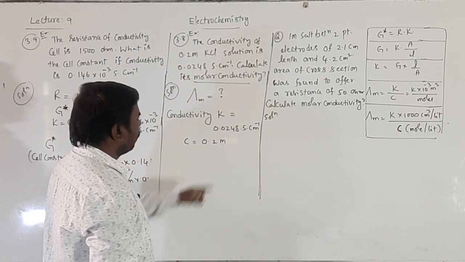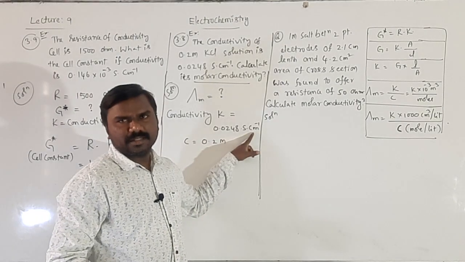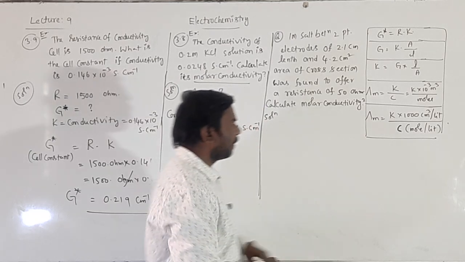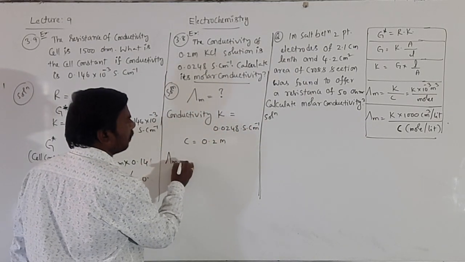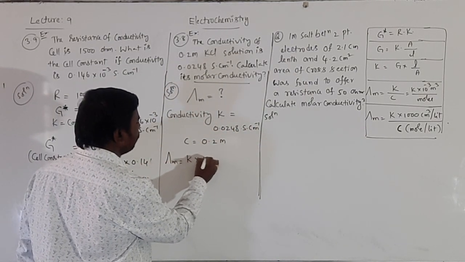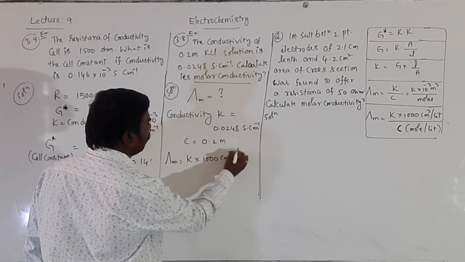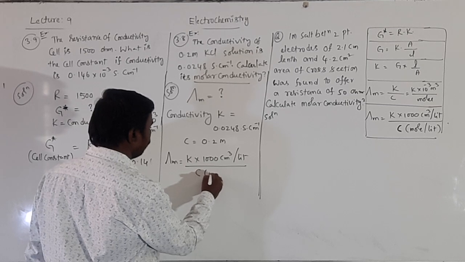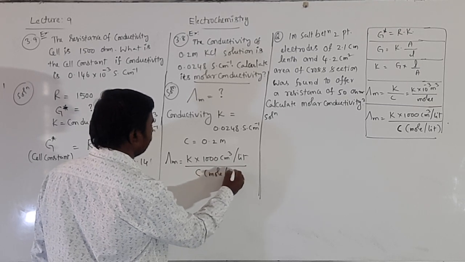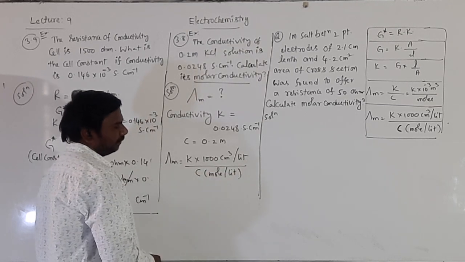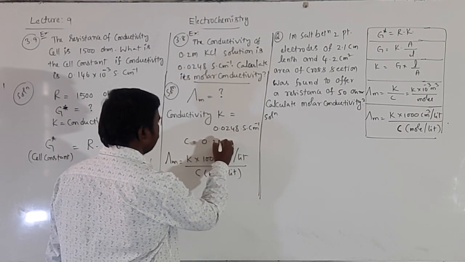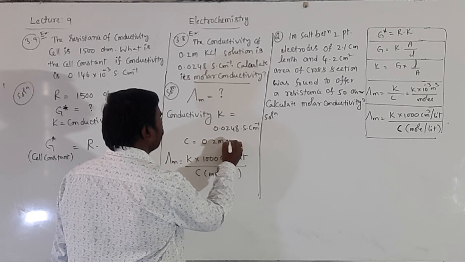Since it is given in centimeters, we can calculate in centimeters. The formula is lambda m equal to K into 1000 centimeter cube per liter by concentration, which means moles per liter. It is the formula, students. Molarity means mole per liter.